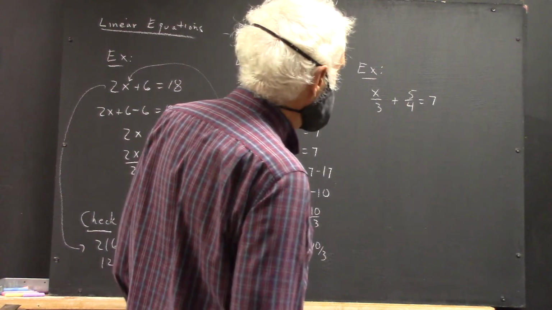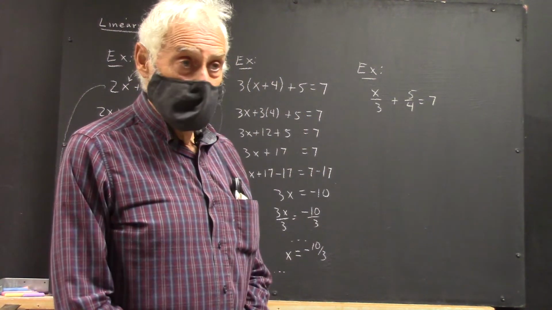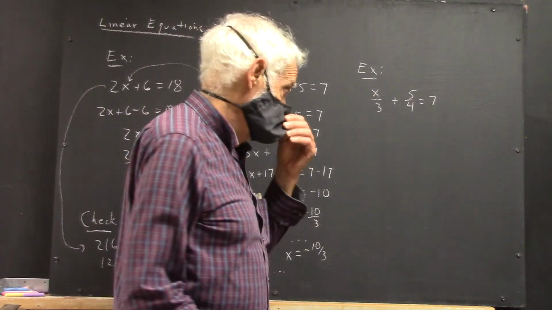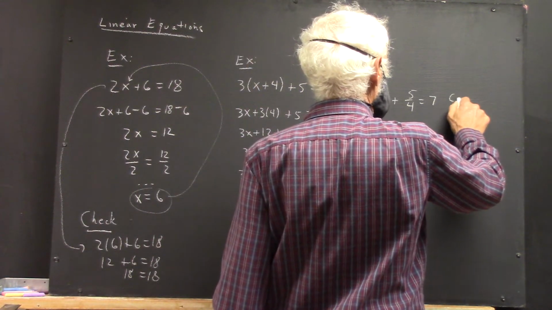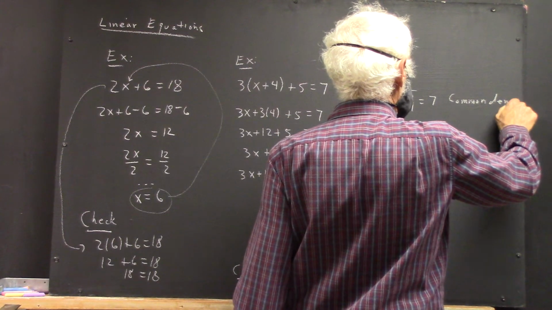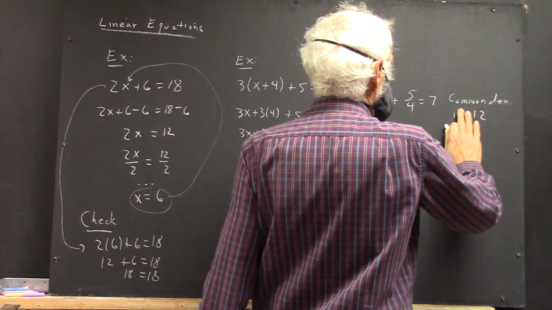Now, since we did a review of fractions, you may want to do a common denominator here. People will often want to do that. It's totally unnecessary. But you can say the common denominator is 12.